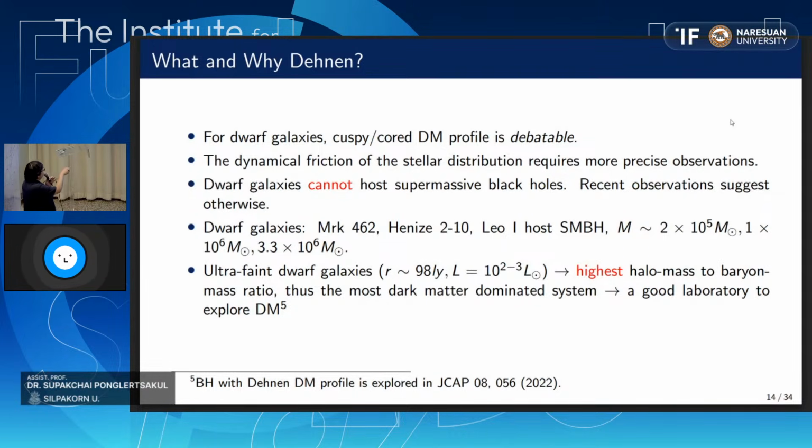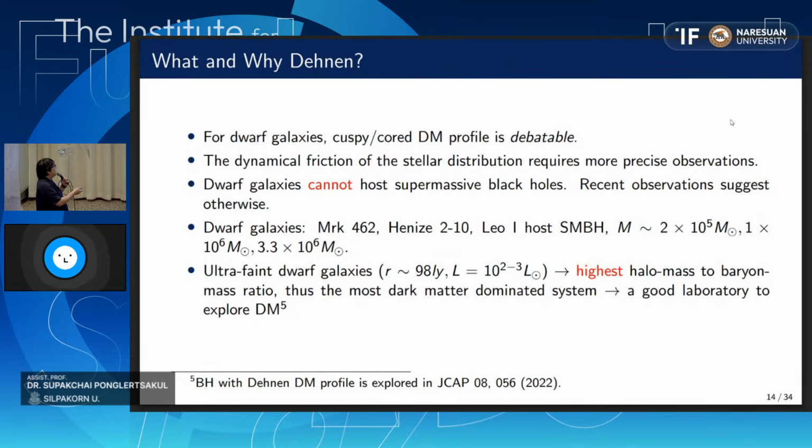Then people started to use the Dehnen profile particularly to investigate the ultra-faint dwarf galaxy because, compared to other kinds of galaxies, it has the highest halo mass to baryon mass ratio. Basically, the faint dwarf galaxy has much more dark matter than other types of galaxies.